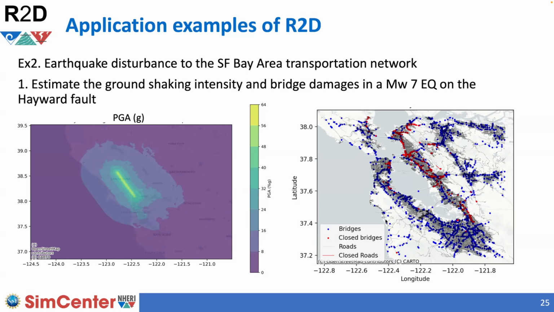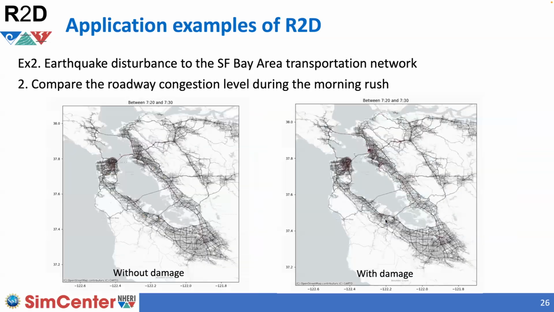I did that in R2D, and then I analyzed the possible bridge closure and roadway closure, using this PGA as input and the Hazus methodology. After that, using the traffic flow simulator, the dynamic traffic assignment algorithm, we can estimate the congestion level before the earthquake and the congestion level after the earthquake.